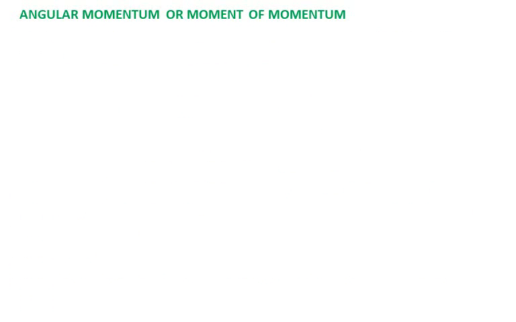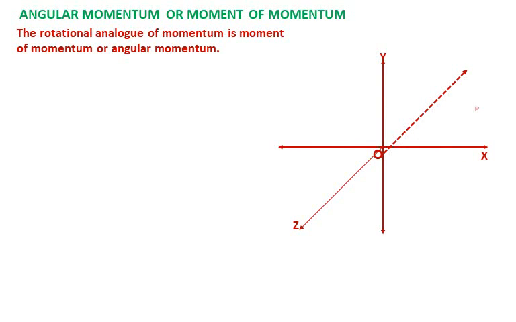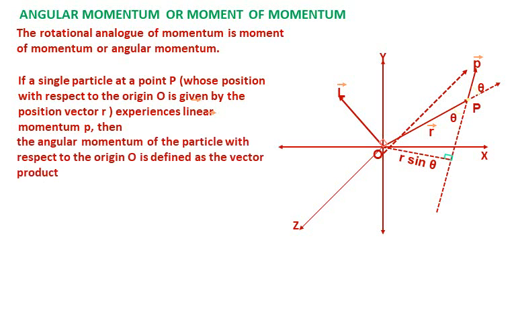Angular momentum or moment of momentum. The rotational analog of momentum is moment of momentum or angular momentum. Consider a point P whose position vector with respect to origin O is given by position vector r, and which has linear momentum p.